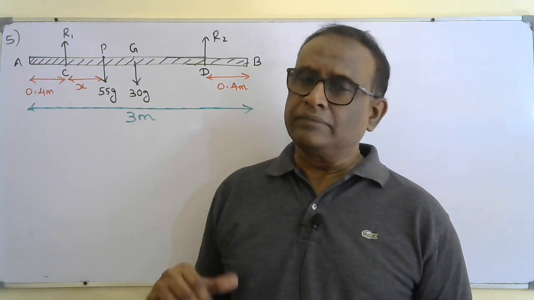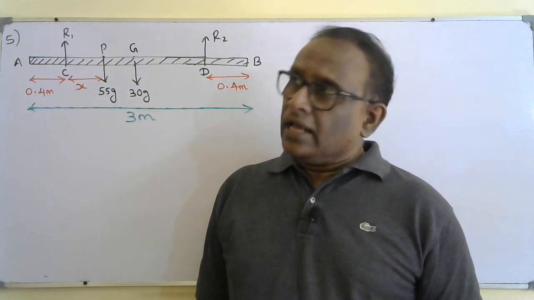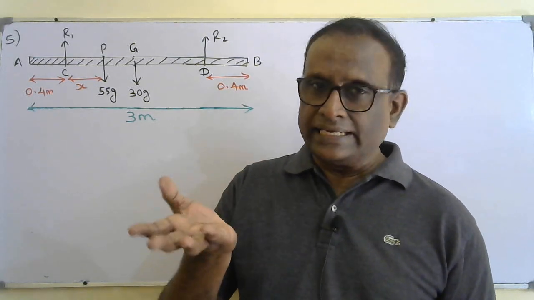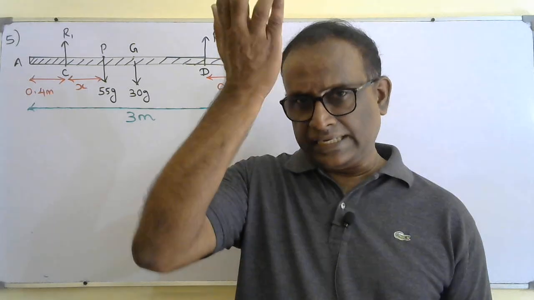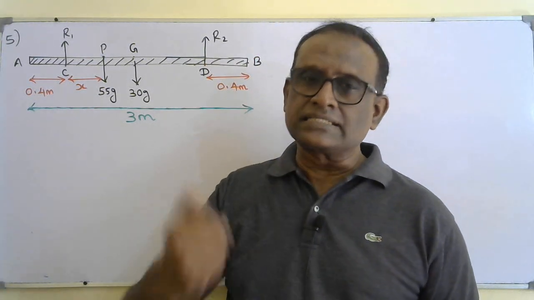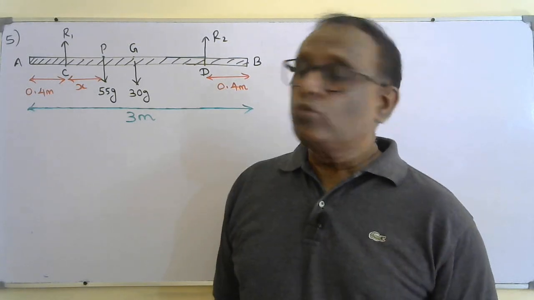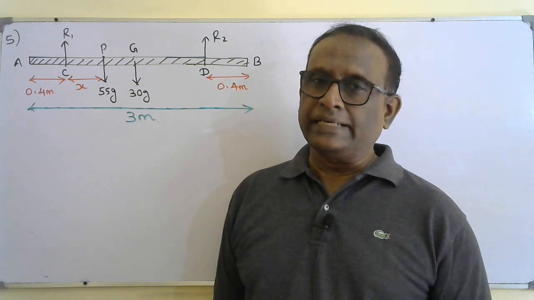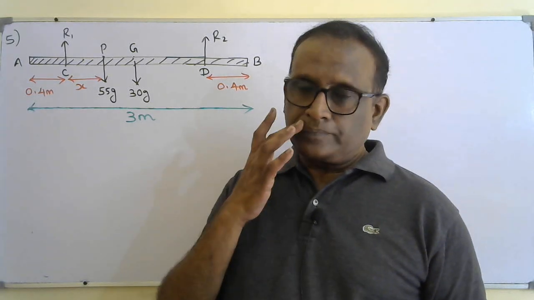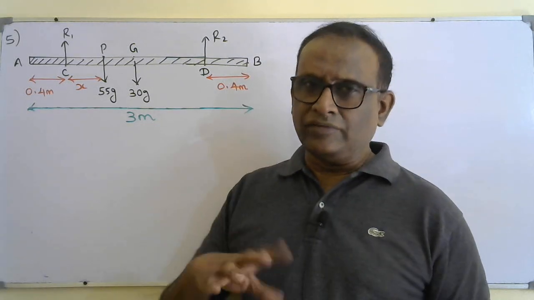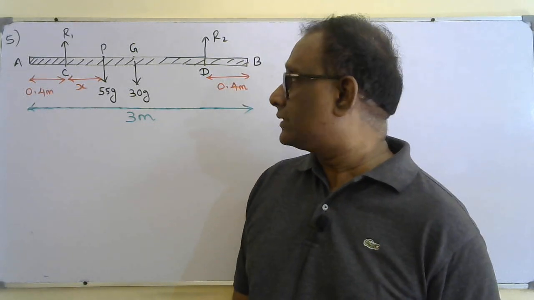Any point we can take moment that must be equal to 0, right? That's the only principle. The two principles we are going to use, resultant force, any direction equal to 0. So here vertically, horizontally no force. So only thing we are going to consider vertically, the resultant force must be 0. And the total moment about any point must be equal to 0. Or about any point, the total clockwise equal to total anti-clockwise. Either way, we can say the principle of moment.